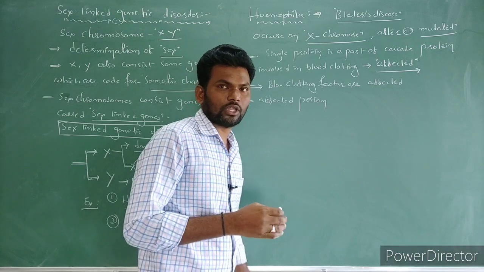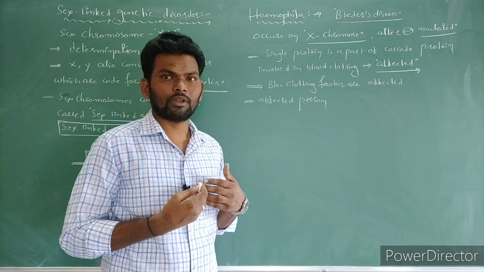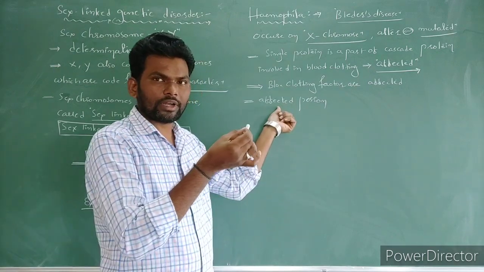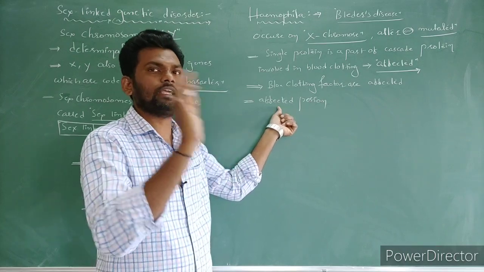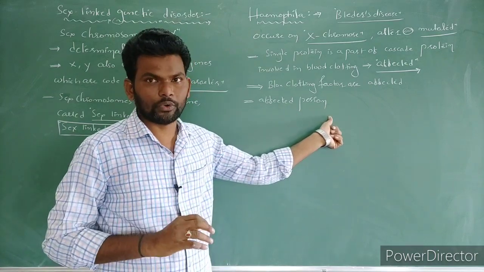So due to the loss of plenty of blood, how many liters of blood are present in a human? 5 liters of blood. One simple cut in such a person leads to continuous non-stop bleeding, and at the last the person is going to die due to that bleeding only.